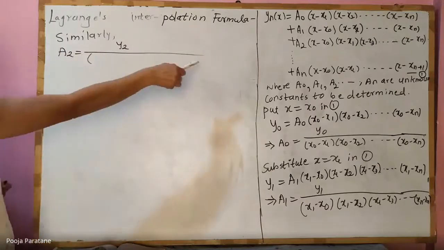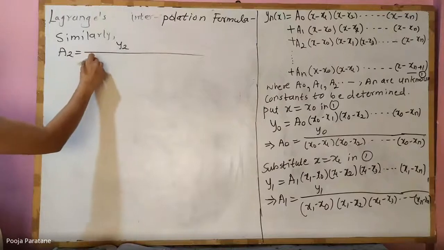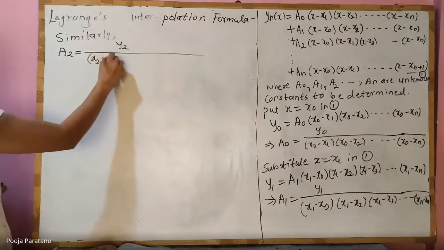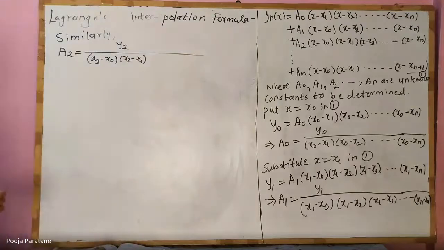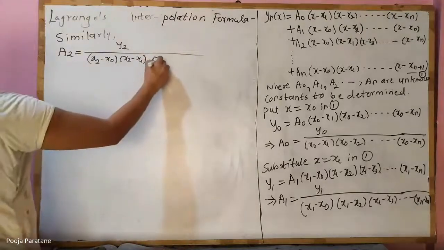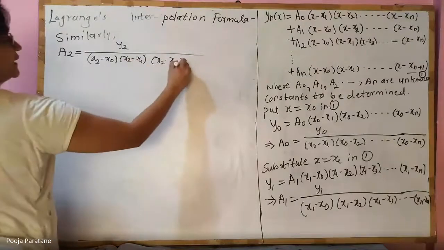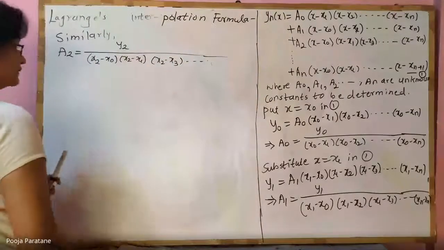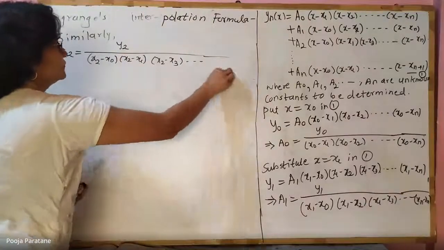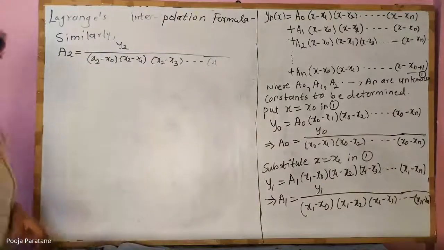What is the coefficient of a2? x minus x0 into x minus x1. So just substitute x is equal to x2. So x2 minus x0, x2 minus x1, then x2 minus x3 because the term of x2 will not be there, up to x2 minus xn.